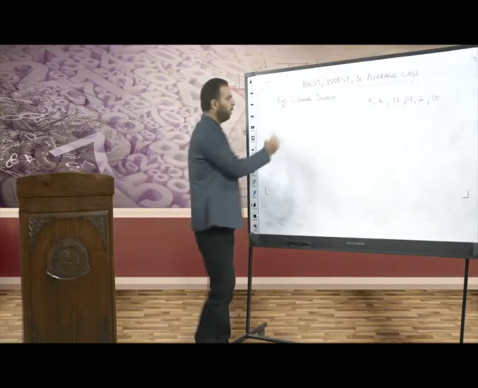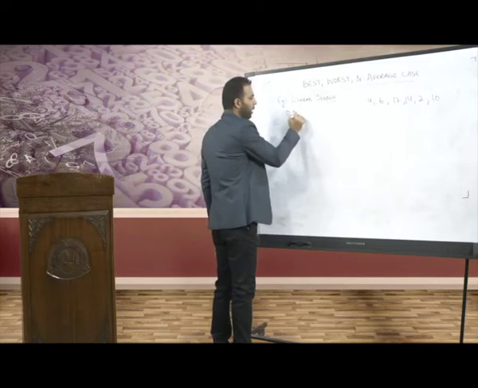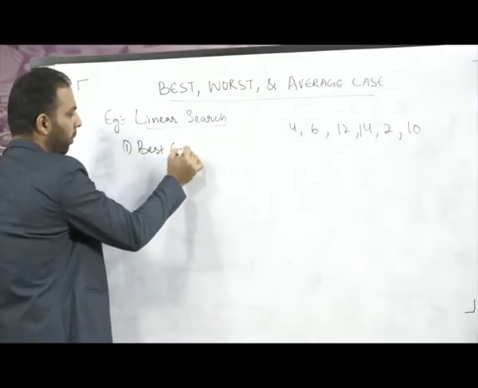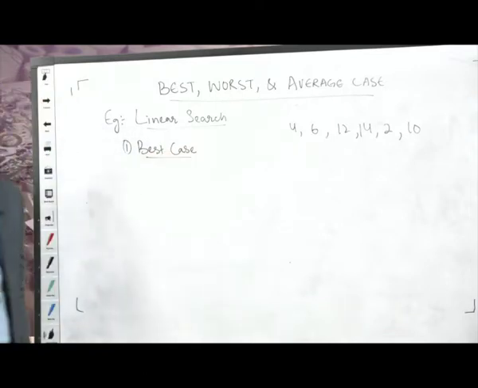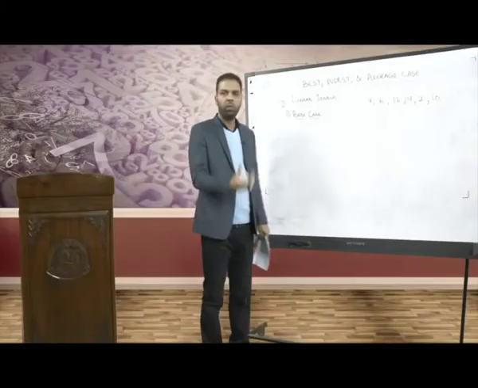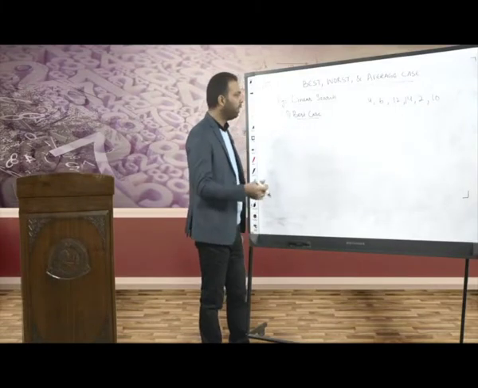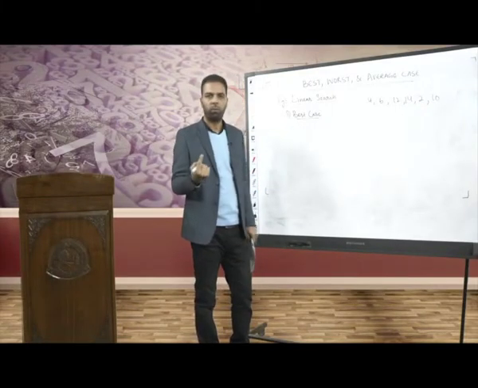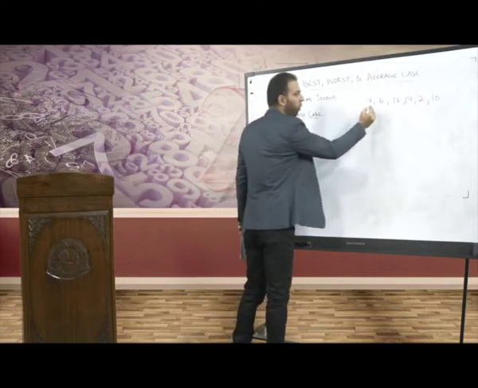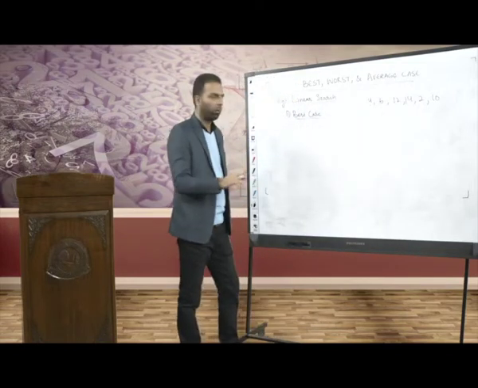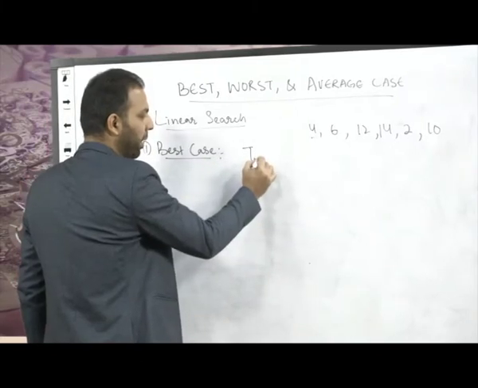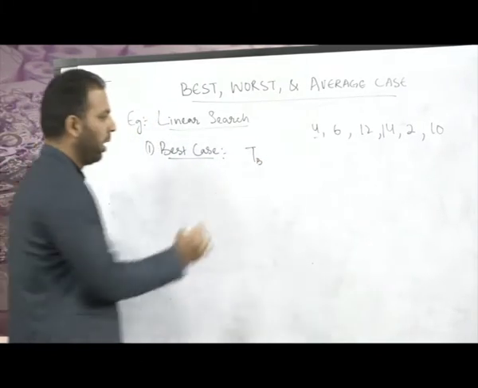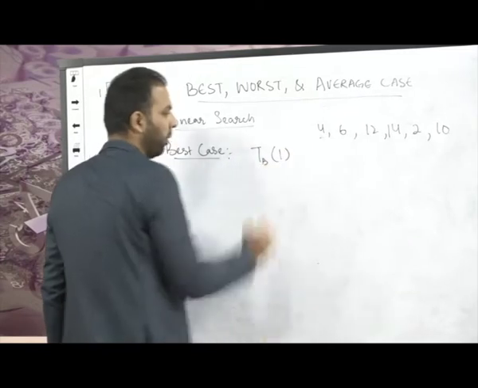The first one will be your best case. The best case scenario implies that the key value you are looking for is present at the first index. Say I am looking for 4, and 4 is present at the first location. So your best case time complexity, I'll represent it by TB, is of the order 1.